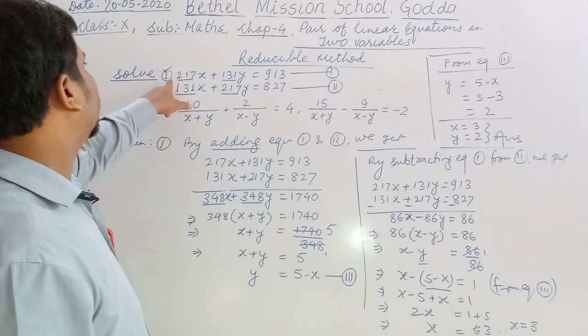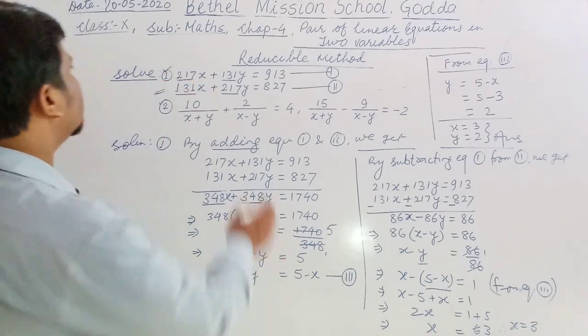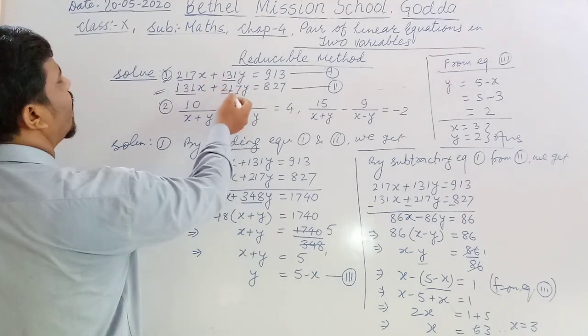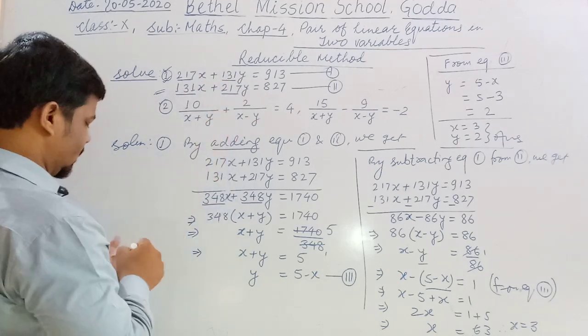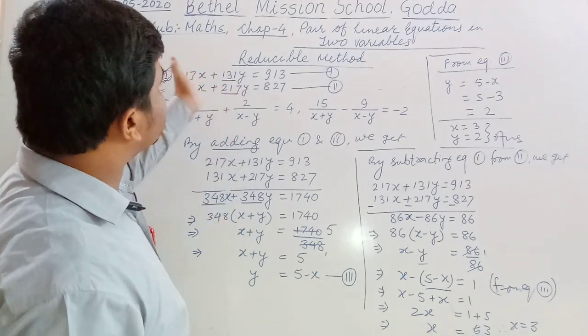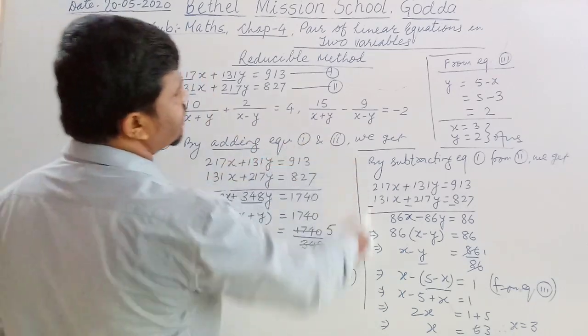In the first question, I told you, in this type of question you will see the coefficients of x and y are interchanged. If the coefficients are interchanged, then you will apply the addition and subtraction method.